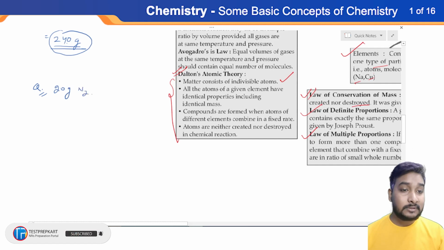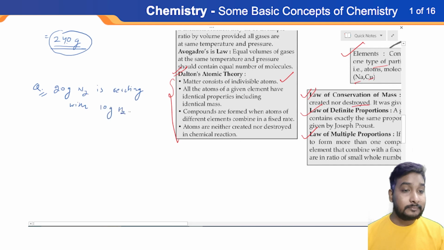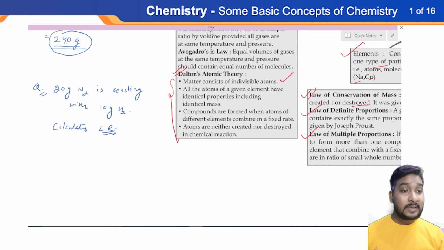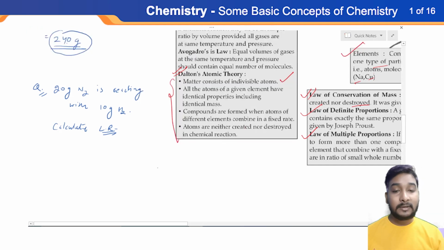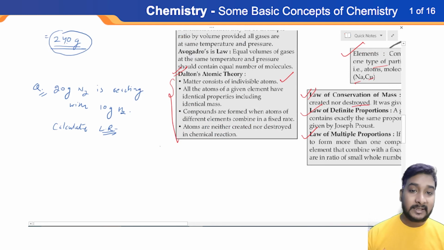20 gram nitrogen is reacting with 10 gram hydrogen. Calculate the limiting reagent. Okay. Now I am giving you a simple trick to calculate all the questions related to limiting reagent. To calculate the limiting reagent, always divide moles by the stoichiometric coefficient.